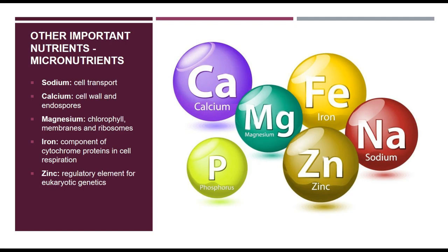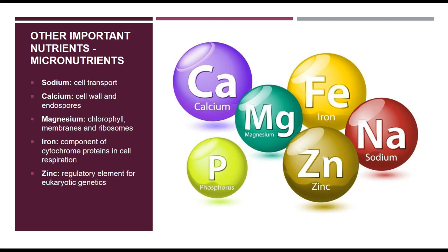It helps to create gradients within the cell membrane to move components across the membrane. Calcium is another essential element. It's important in the cell wall structure of a number of microorganisms, and it is a very important component of endospores. Magnesium is found in chlorophyll.